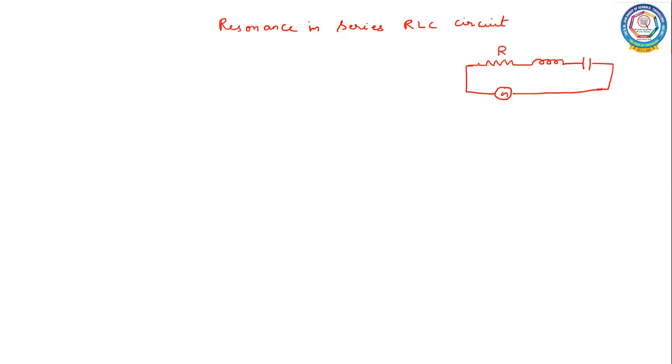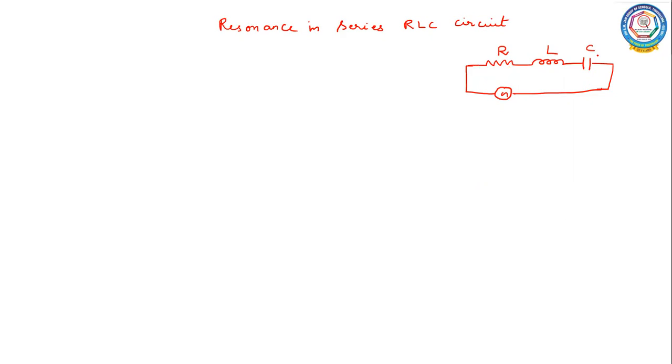The resistance of this resistor is R, the inductance of the inductor is L, and the capacitance of the capacitor is C. So all these three are connected in series. There will be a current flowing in the circuit.